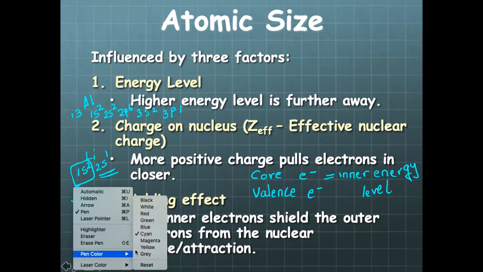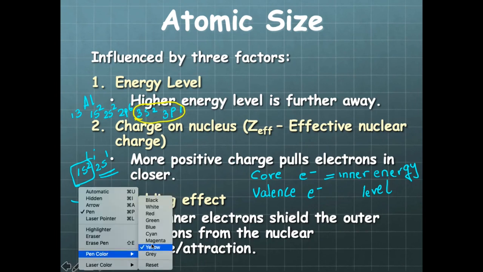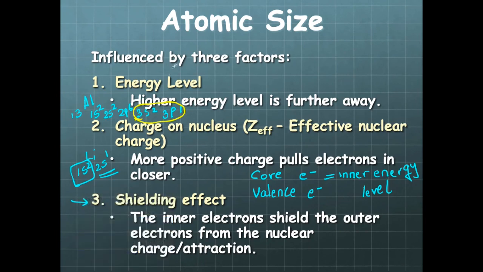Okay, so the valence electrons for aluminum would be these, and the core electrons would be these here, the electrons that are present in the inner energy levels. So the electrons in the first and second energy levels would be the core electrons for aluminum, and the electrons present in the third energy level would be the valence electrons.